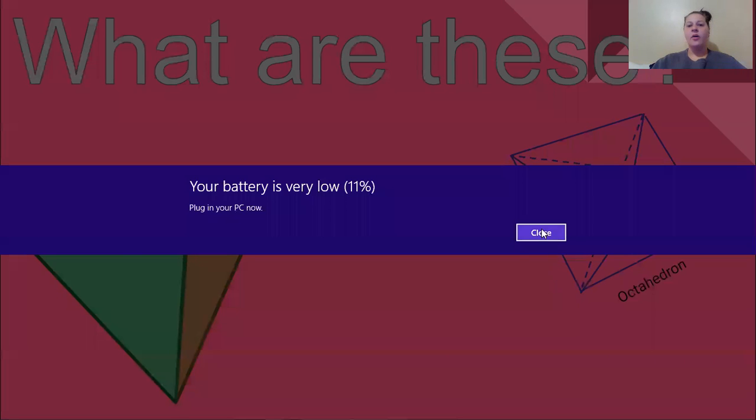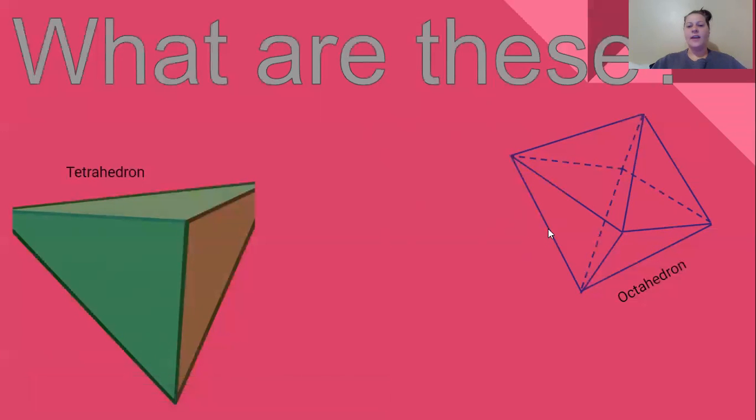Now we have 12 edges. 1, 2, 3. This dotted line back here, that is the back of our shape that we can't see, is 4, 5, 6, 7, 8, 9, 10, 11, 12.